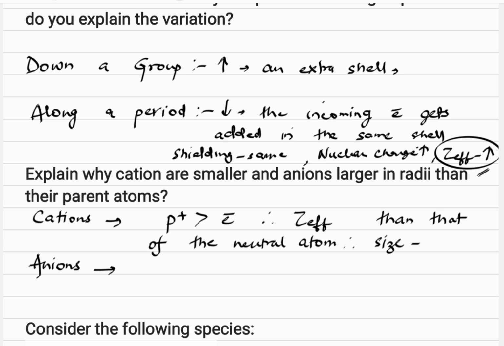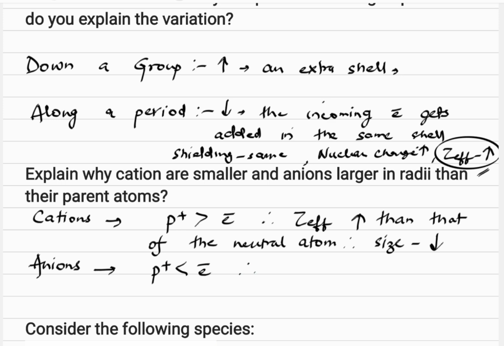All right, next, explain why cations are smaller and anions are larger in radii than their parent atoms or the neutral atoms. So cations, we know, have more protons than electrons. Therefore, the Z effective would be higher than that of the neutral atom or the parent atom. If Z effective is higher, then obviously the size would be lower than the parent atom. Similarly, you can figure out for anions. In anions, the number of protons is less than the number of electrons.